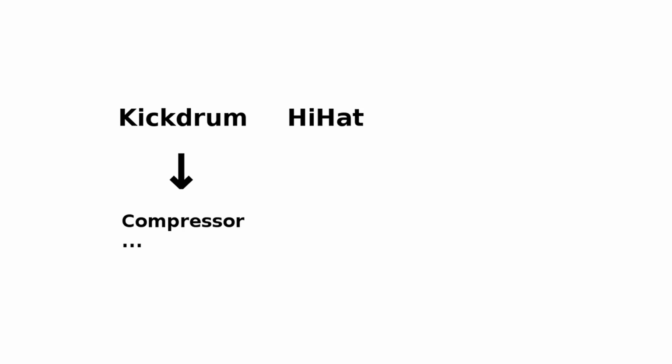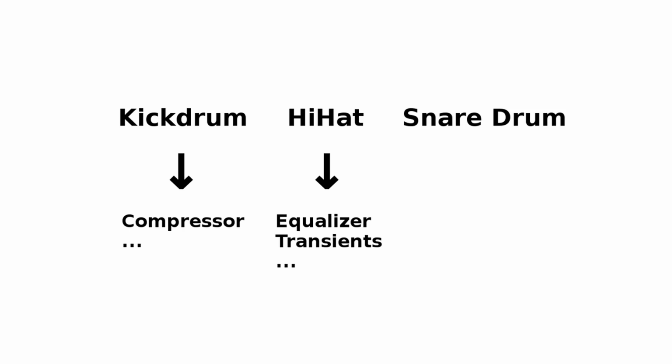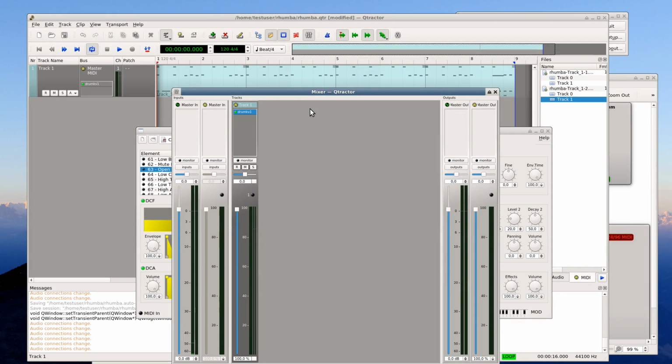However, in a realistic drum kit, you will want to treat your instruments individually. For instance, you will perhaps want to apply a compressor to your kick drum, shape the hi-hats a bit with an equalizer, and make the snare bigger by adding a reverb effect to it. This is not possible with the setup I have here.